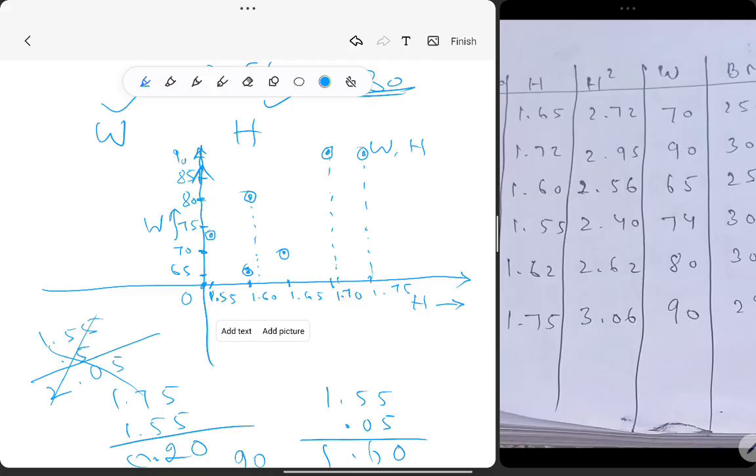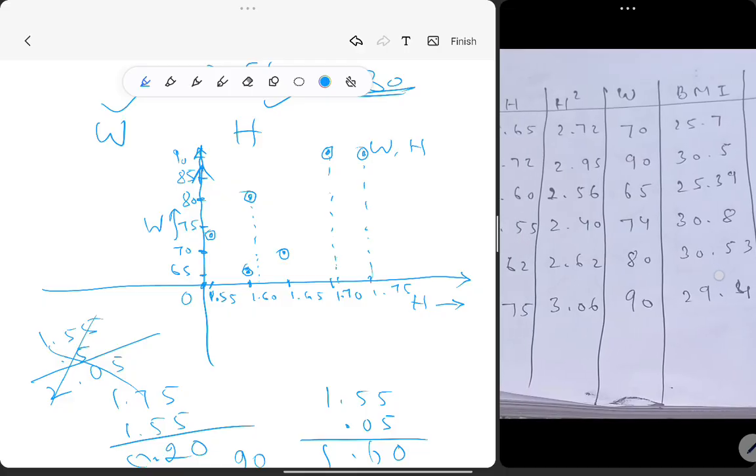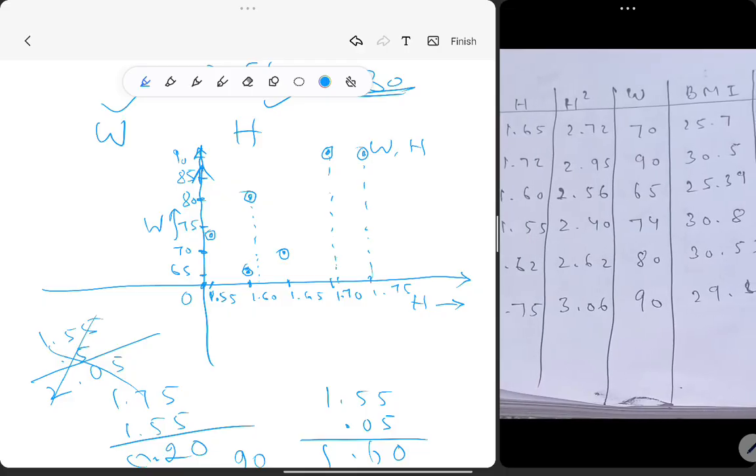Okay, good. Now each point represents a person. This represents one person, this represents the other person, third person, and so on. Each point is like a person, and each person has a body mass index. Let us calculate their body mass index. I'm not going to calculate that, but I have calculated it.